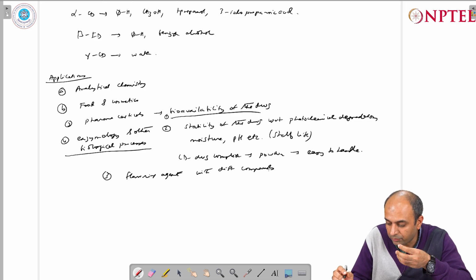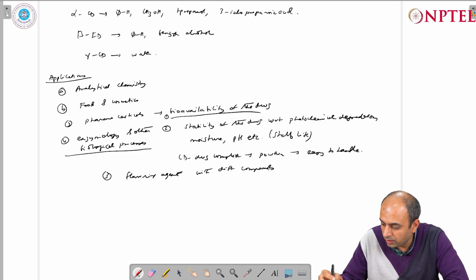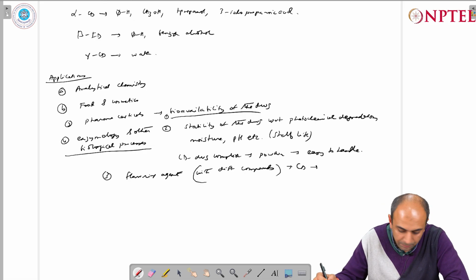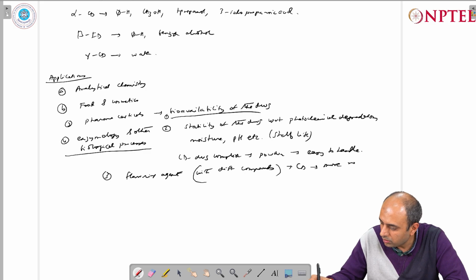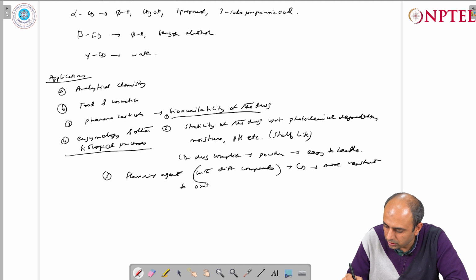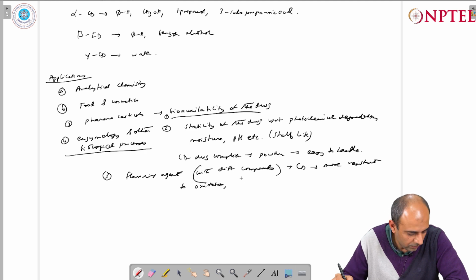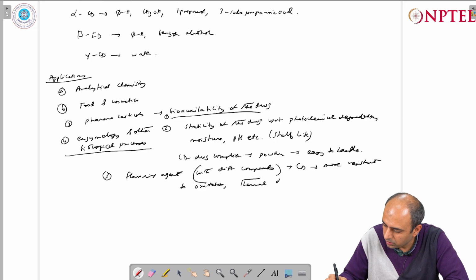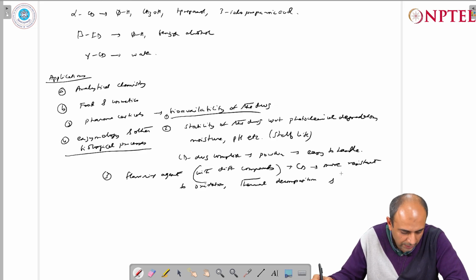Then you can mix the flavoring agent with this cyclodextrin, and make them more resistant to oxidation, thermal decomposition, and loss by sublimation.